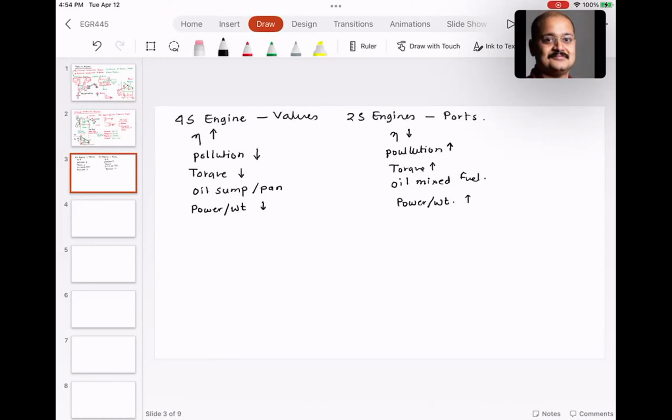So what happens in four-stroke engine? You have suction, compression, expansion, exhaust.